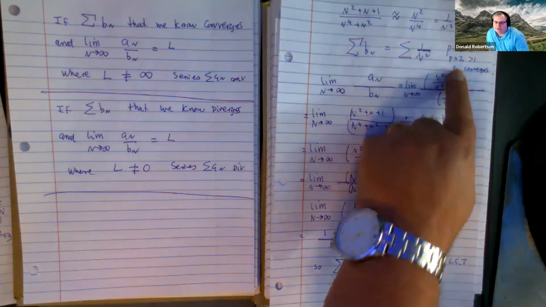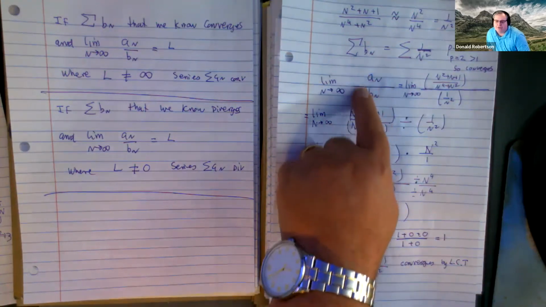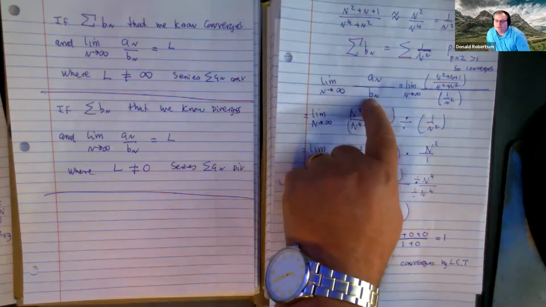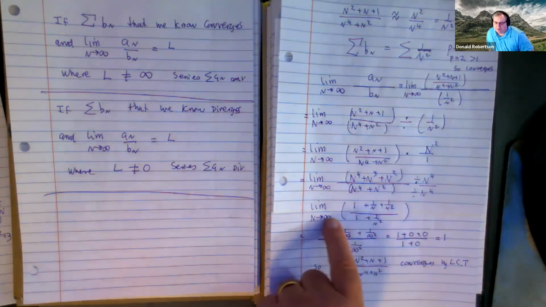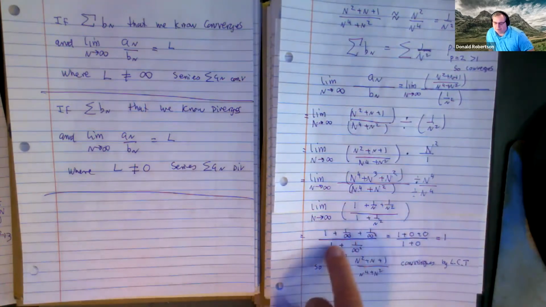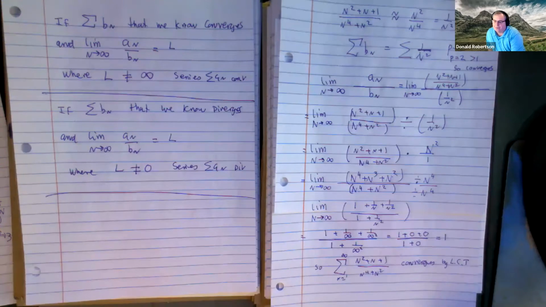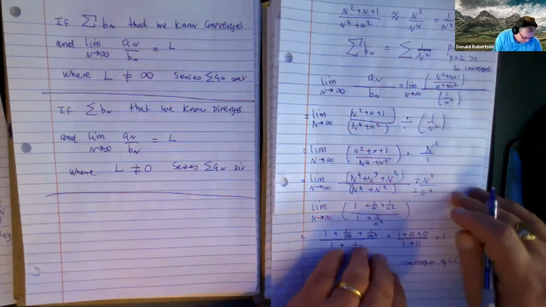Once you've identified the comparison series and found out, in this case, it converges, you then move on to phase 2, which is find the limit of an, the original, divided by the comparison. Do the algebra to make it look pretty. Plug in infinity with brute force and get a limit. If the limit is a number that's not infinite, your series converges, in this case.